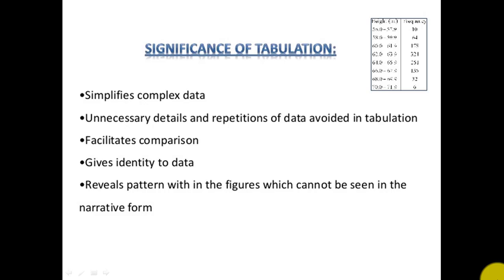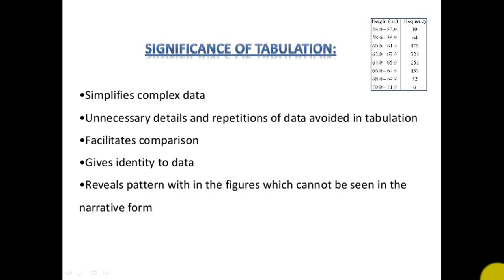Whenever we are writing anything, we are giving information through paragraphs. It becomes a bit difficult. And when we are presenting this data in the form of a table, it looks concise, and it is easy to derive any kind of conclusion.